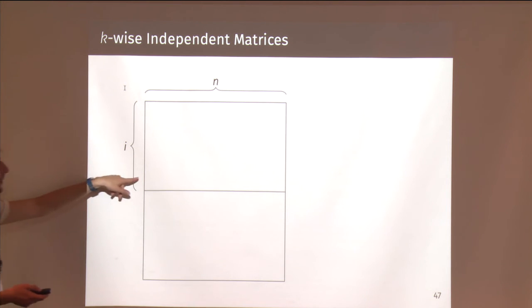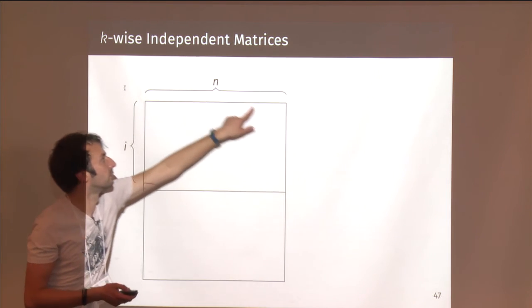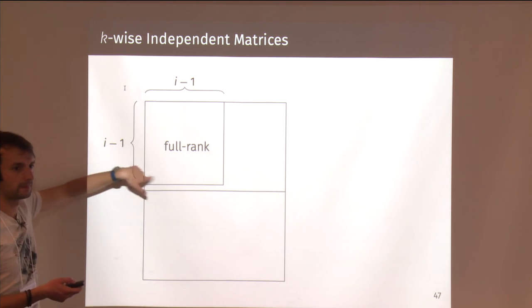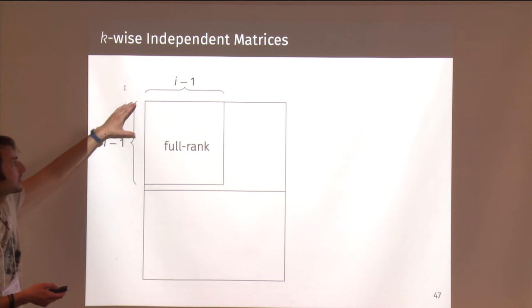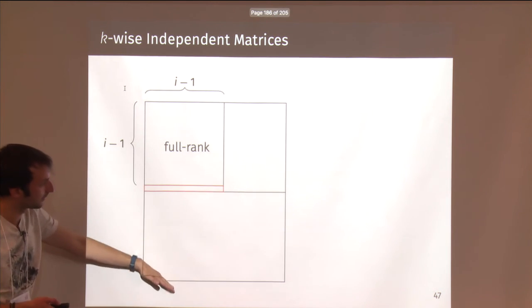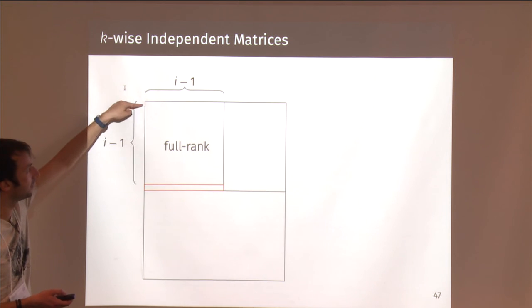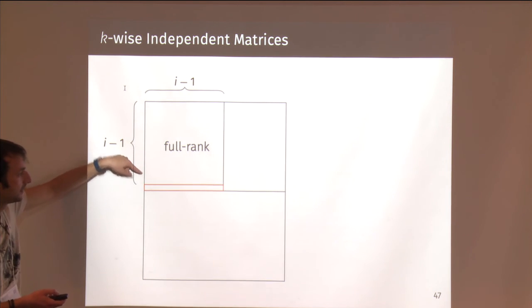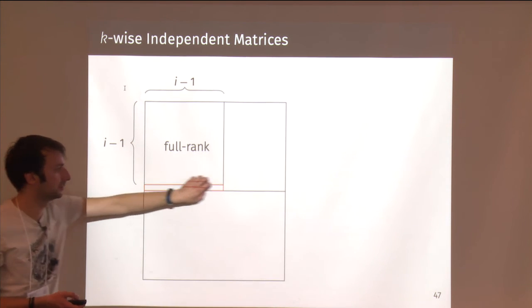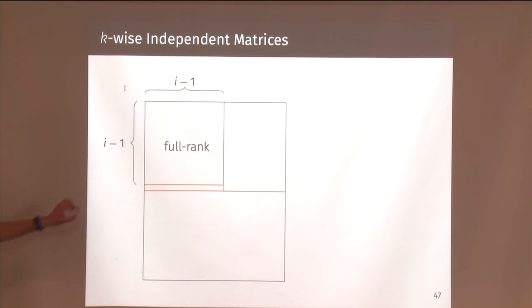So in particular, these i minus 1 rows are linearly independent, and it is a full rank matrix. It's full rank, so it spans all of this. In particular, there is a unique linear combination of these rows that gives me this orange part. It's a basis. There is a unique linear combination that gives me this one orange row.